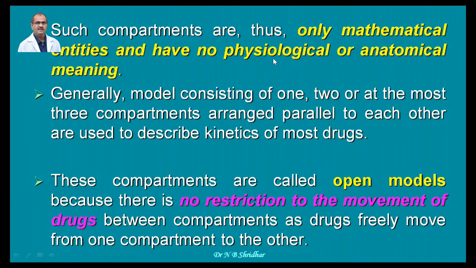That's why they are known as open model compartments. Just like general bogies in the railways have open access, where everybody can enter, whereas air conditioned bogies have doors and someone standing to prevent entry. That's why that is called a closed compartment, whereas in open compartments there is no restriction on the movement of drugs.